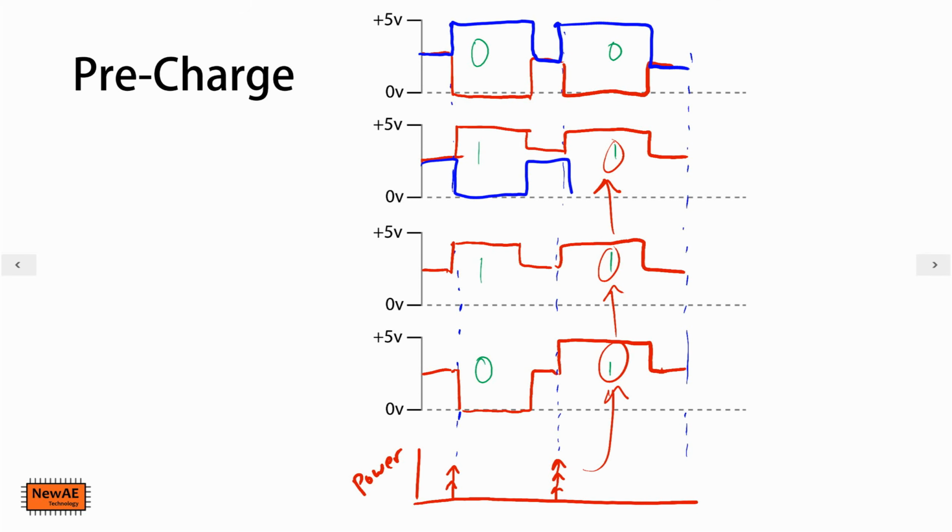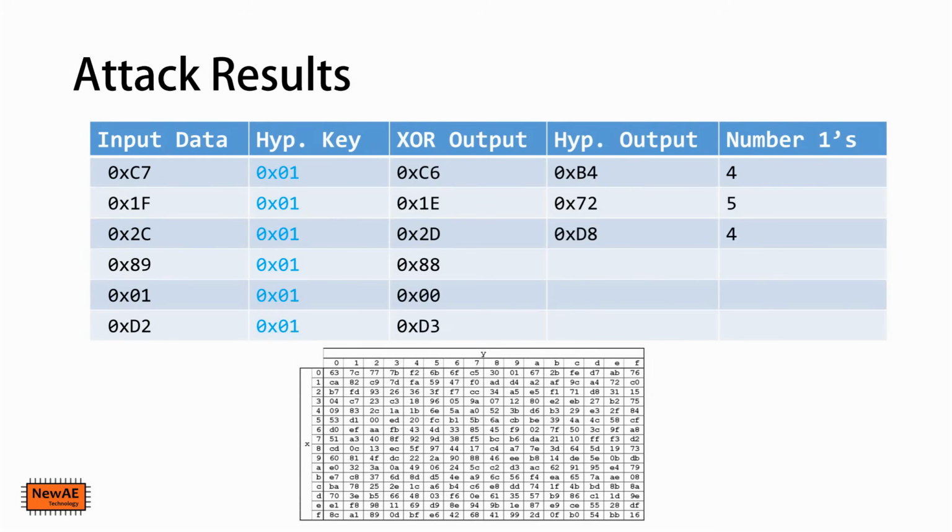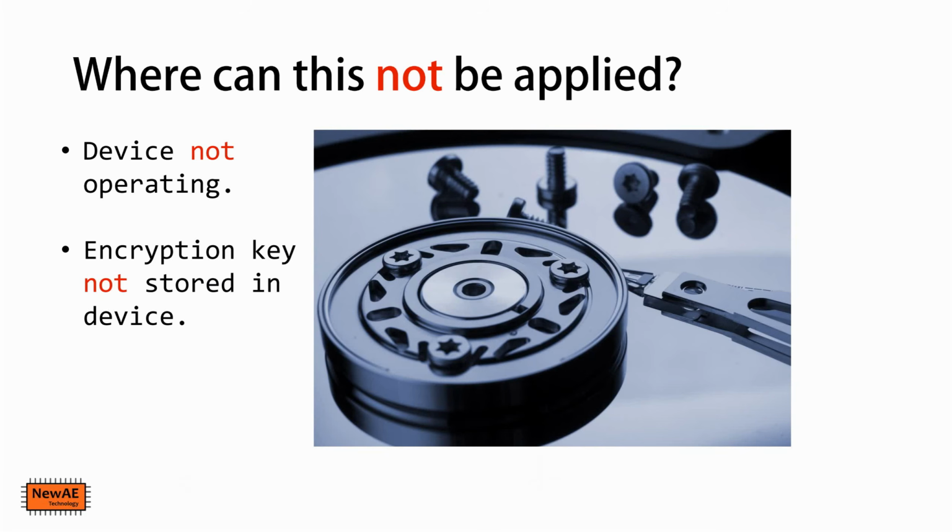What this means is we always have a consistent number of lines switching. So in total, there's always 4 lines going high, and there's always 4 lines going low. That reduces our ability to measure these effects. Obviously, in real life, there could be variances in this, so there still could be vulnerabilities, but there's a whole series of countermeasures you can do to reduce the ability of an attacker to use these devices.